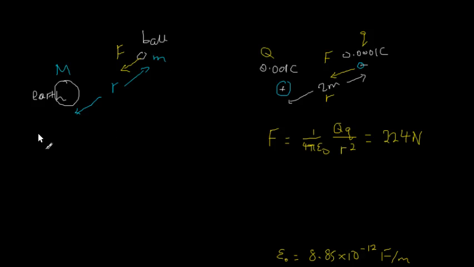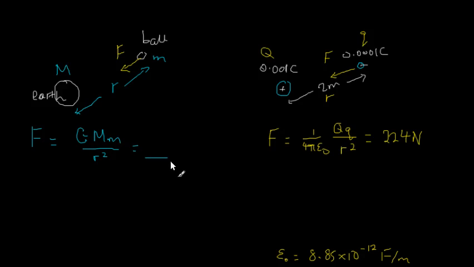So according to Newton's law of gravitation, I have F is equal to G, gravitational constant, big mass times small mass divided by r squared. And when I put all the numbers in, I would find an answer.